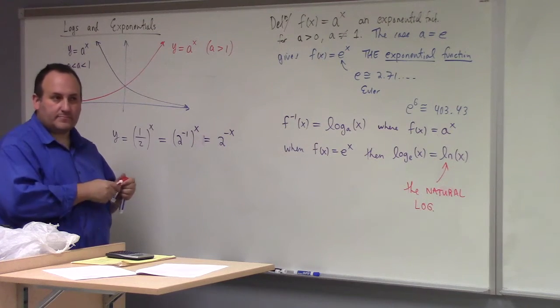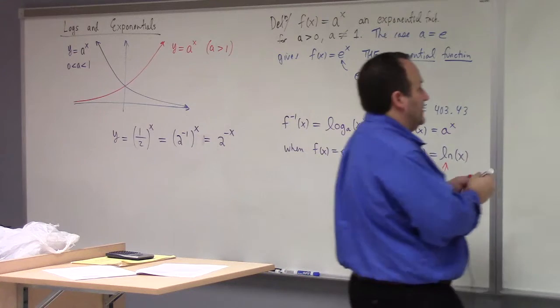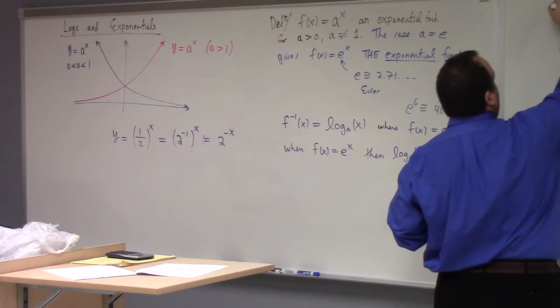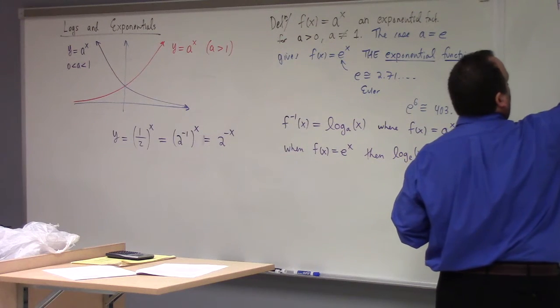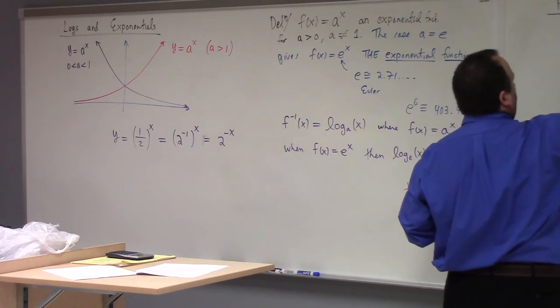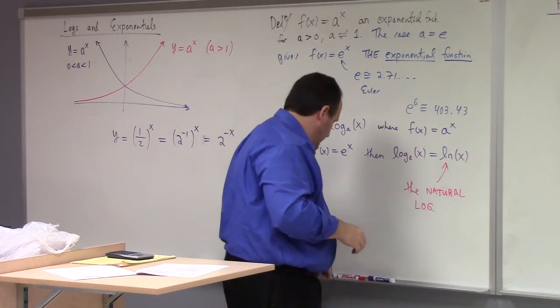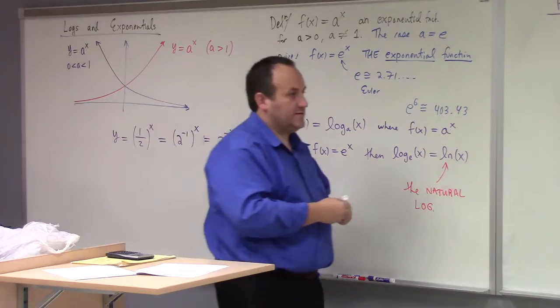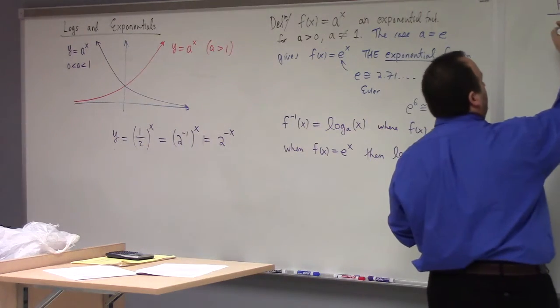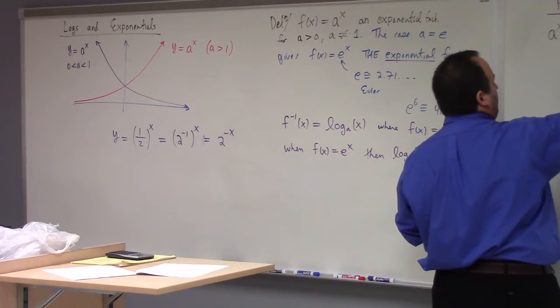All right. So what are the properties of the logarithm? Before I do properties of the logarithm, let me remind you of the properties of the exponential. Here's how the exponential works. If we have a to the x times a to the y, what do we get?